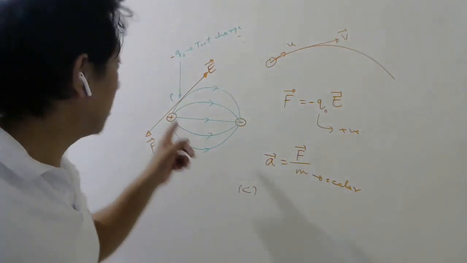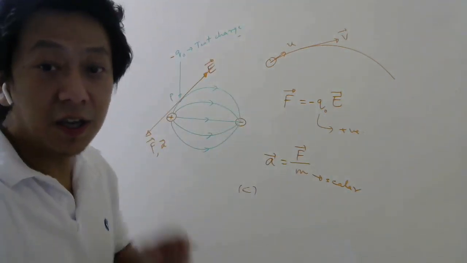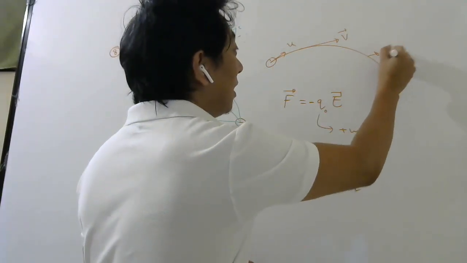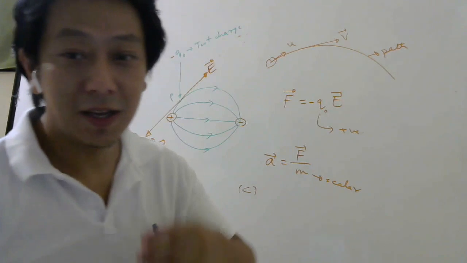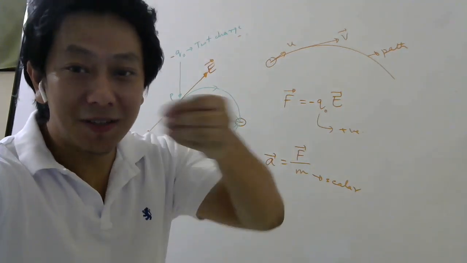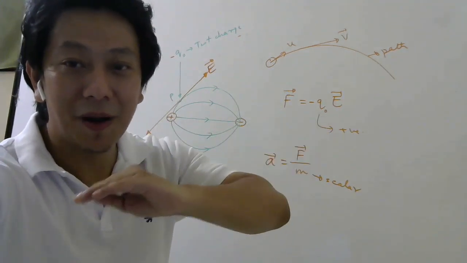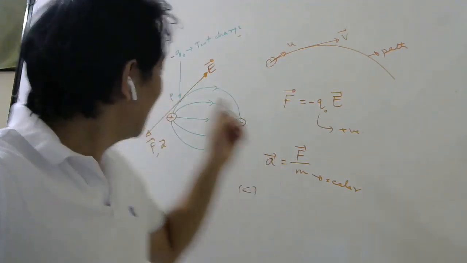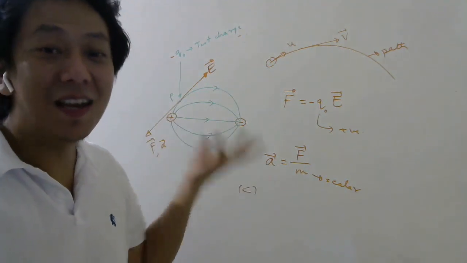Here why you are saying this tangent will not give velocity? Because this is path. P-A-T-H. Path means the points, if you collect the points where the particle is moving and you join those points, that is called path. This is not path, no, this is electric field lines.